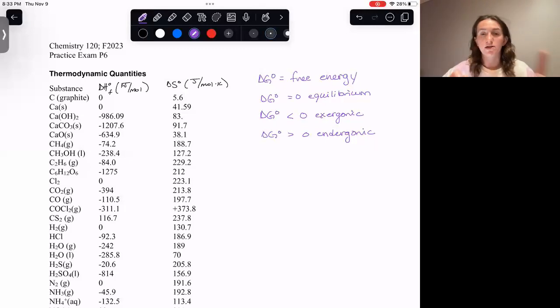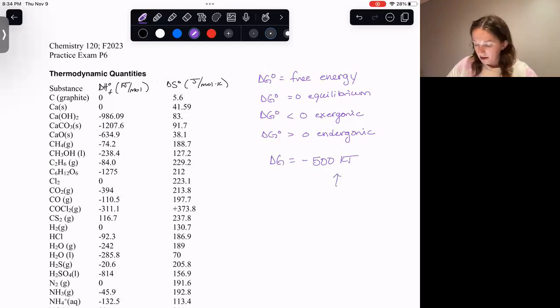This makes sense because at equilibrium you have the forward direction and the reverse direction happening at equal and opposite rates. So the closer you get to equilibrium, the easier it will be for the forward or reverse reaction to happen. If delta G is, let's say, negative 500 kilojoules, we're a little bit farther away from equilibrium.